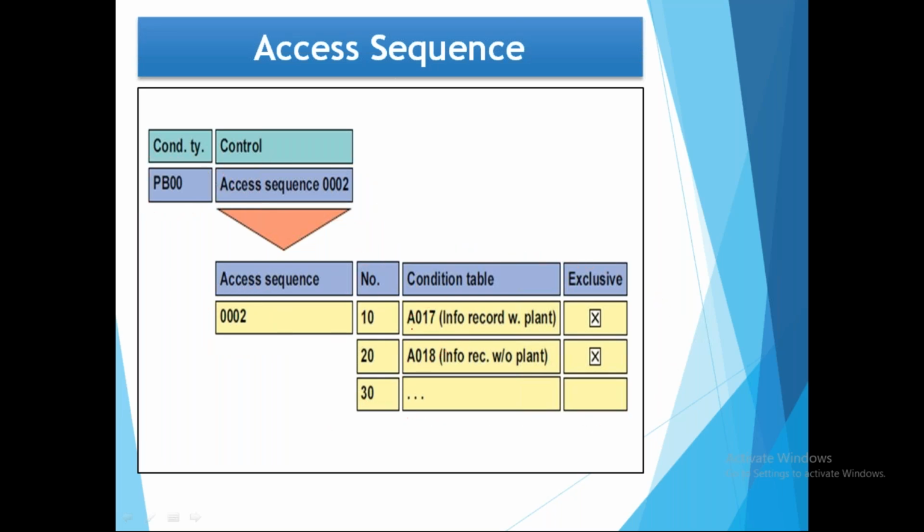Suppose first it will check info record with plant. If it finds the price over there, it will copy it to the purchase order. If it is not there, it will go to the next, info record without plant. So these are the condition tables, in which sequence it has to check for the price. That is the access sequence.